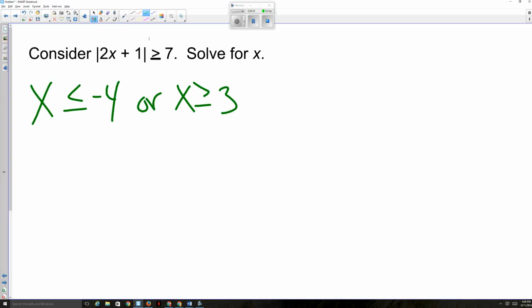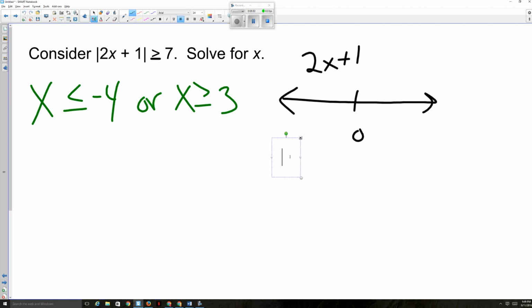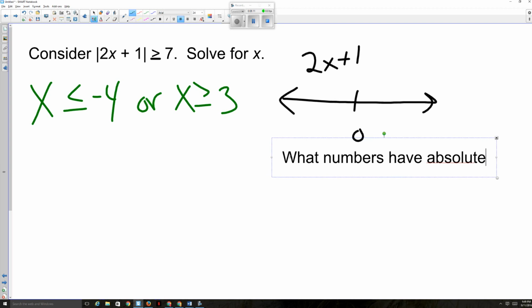Okay, well, let's put that on a number line like we did before. 0. And we're going to consider values of 2x plus 1. Okay? So what values, I'm sorry, let's say this. What numbers have absolute values greater than 7?